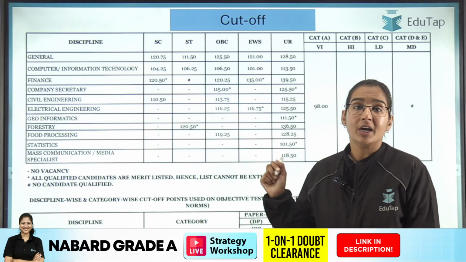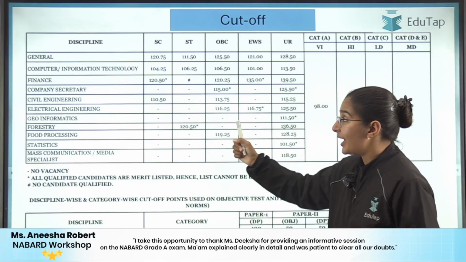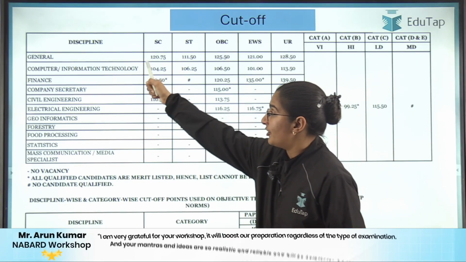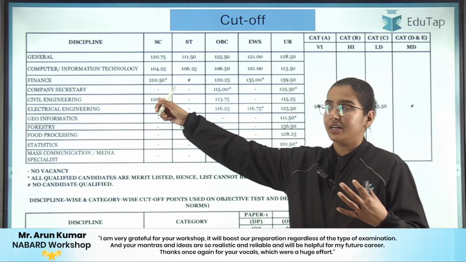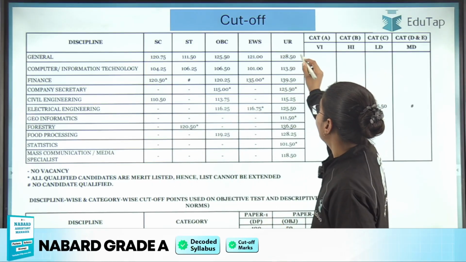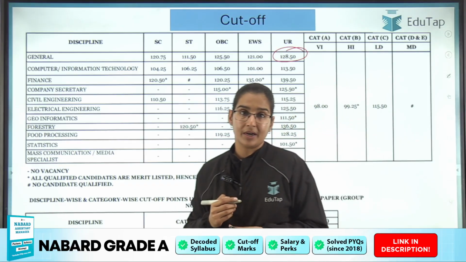Because let me show you the cutoff which you have to cross, which you have to aim for, which you have to target if you want to clear the NABARD Grade A Phase 2 examination. For the generalized posts, not general category, the cutoff was 128.50 out of 200 marks, right?